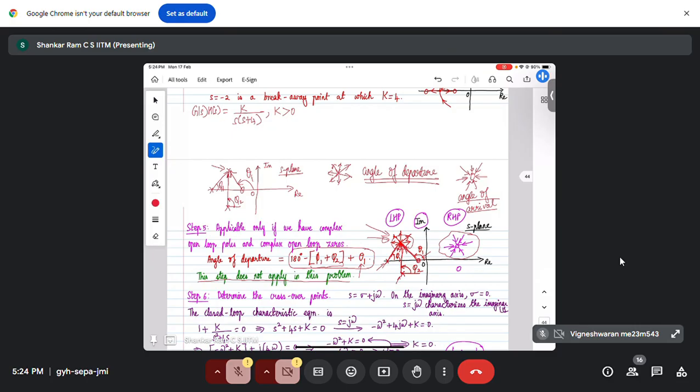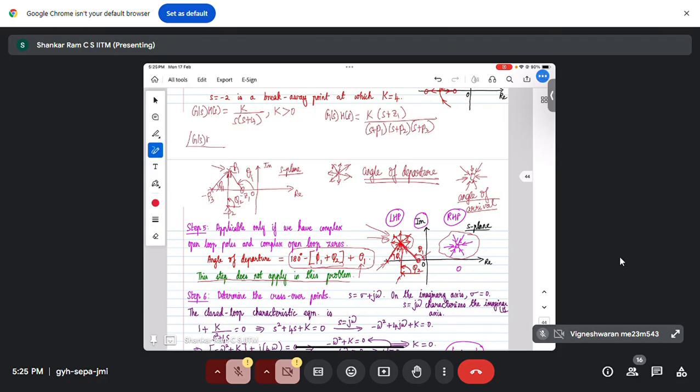Since this question has arisen, let me go a little bit more into theory and write down the general example which I have plotted here. I have three open loop poles and one open loop zero. Let's call them minus Z1, minus P1, minus P2, minus P3. Now, what is the angle condition?